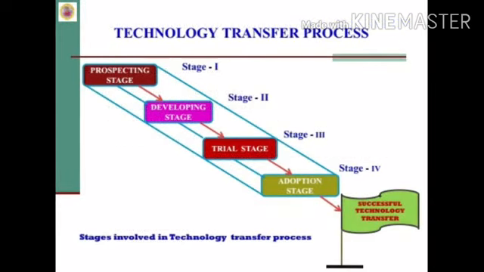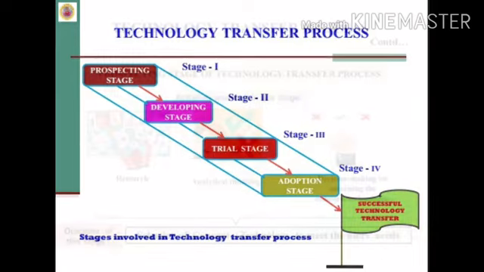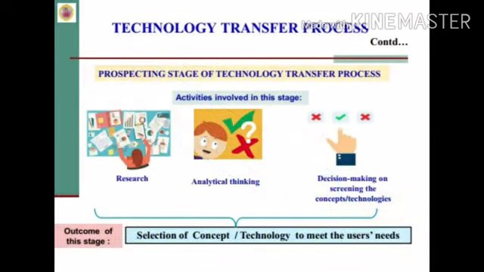Now I'm trying to explain the technology transfer process. It is very interesting. The technology transfer process consists of 4 stages. The first stage is the prospecting stage. In the prospecting stage, there are different activities that are involved: the research activities, analytical thinking activities, and decision making to screen the concept of technologies.